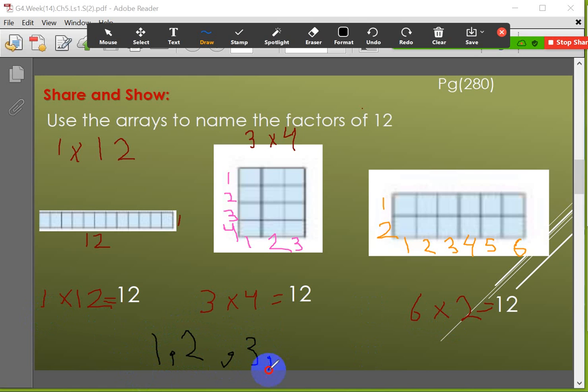Okay, and I have here 4. Then I have here 6. Then the last one is 12. Those are the factors for 12: 1, 2, 3, 4, 6, and 12. Okay?